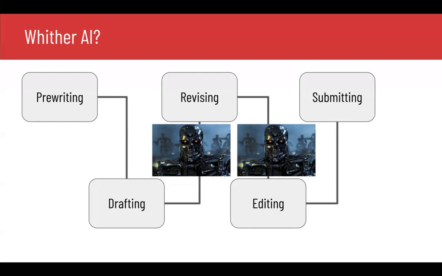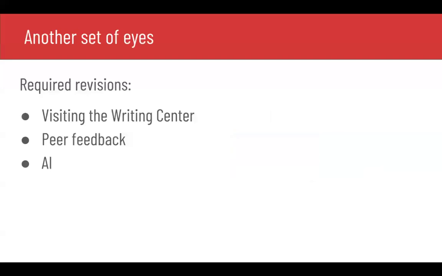So I don't use AI in the drafting process, meaning as they're writing the first draft, although some writing instructors do ask students or allow students to use AI to get ideas or to brainstorm or something like that. I think that's potentially justifiable, but I don't do that yet. And what I'm going to talk about here is not that.